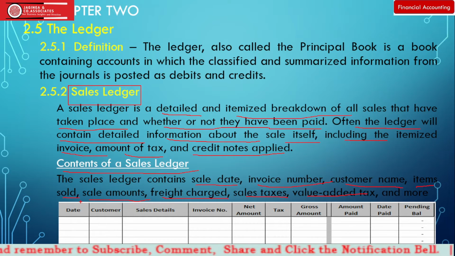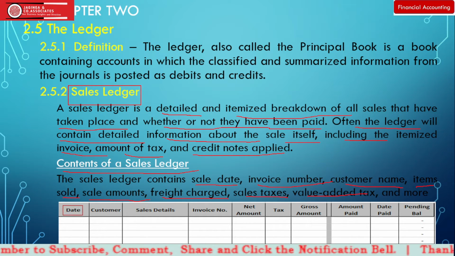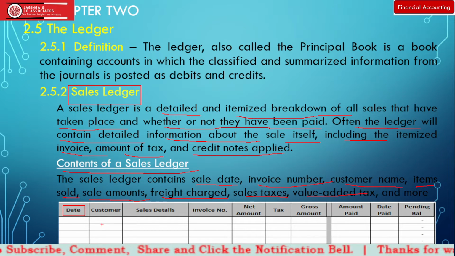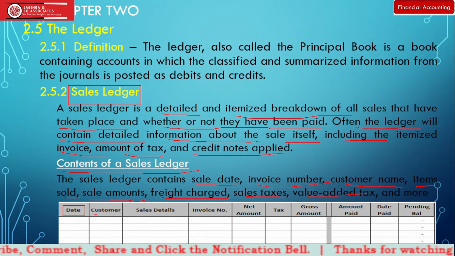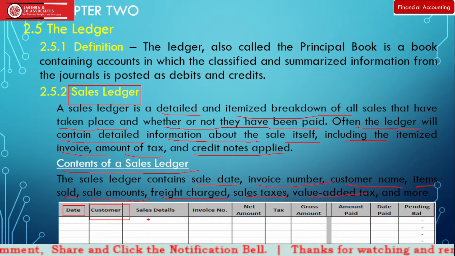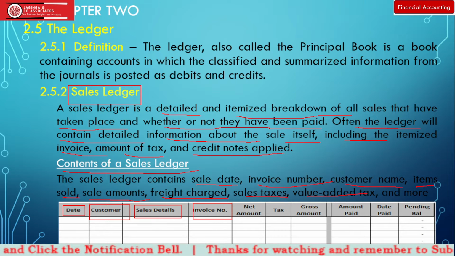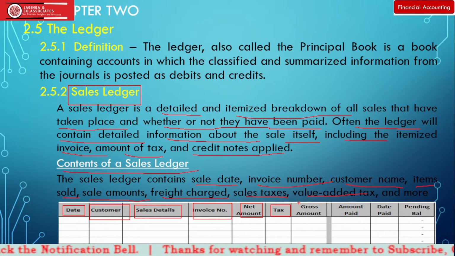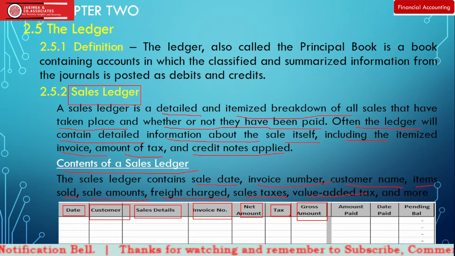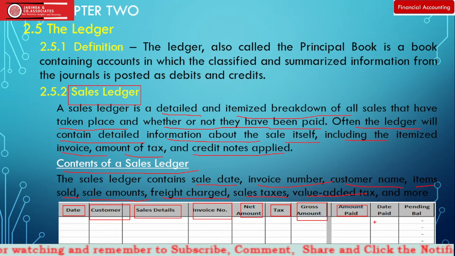So down here is just a sample of a sales ledger. So the sales ledger here will have date, it will have customer name, it will have sales details, it will have the invoice number, the sales amount, the tax, the gross amount, and then from the gross amount we can also talk about the paid amount on that invoice, or the amount that the customer would have paid.